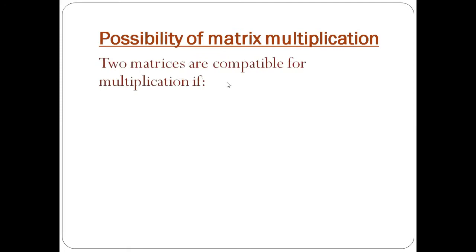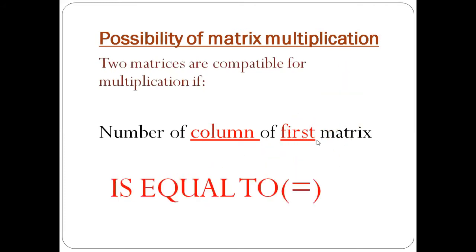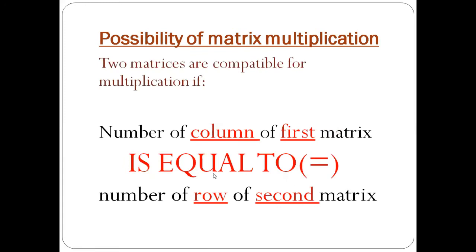So the matrices are compatible for multiplication if the number of columns of the first matrix is equal to the number of rows of the second matrix. And if the number of columns of the first matrix is equal to the number of rows of the second matrix, then the two matrices are compatible for multiplication.